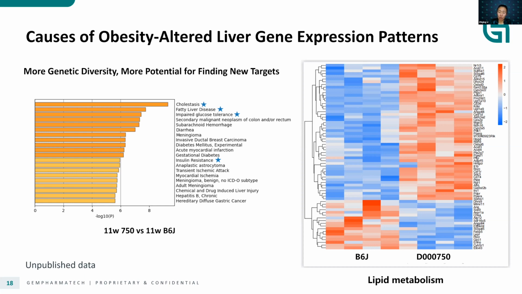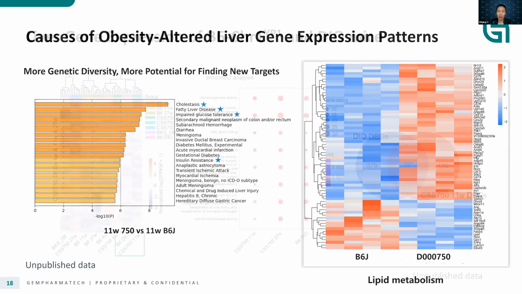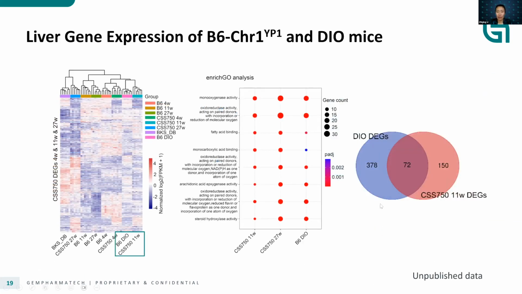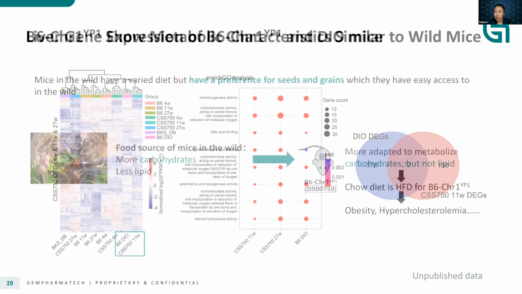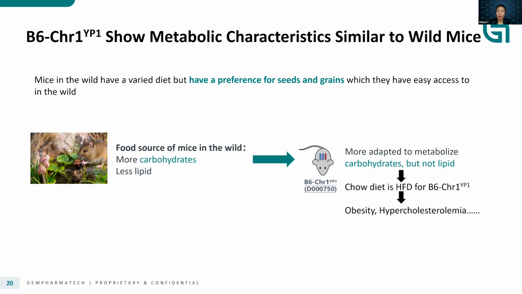And as shown by our analysis, most of them resemble the DIO when the B6 are given high-fat diet treatment.